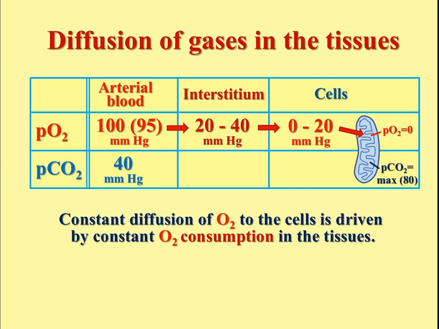And CO2 also correspondingly is produced in proportion to intensity of metabolism. And from highest level in the mitochondria, CO2 easily moves into a cell, cytoplasm, and then to interstitium, and finally to blood. The minimal level in interstitium should be no less than in venous blood, which is 46 value.